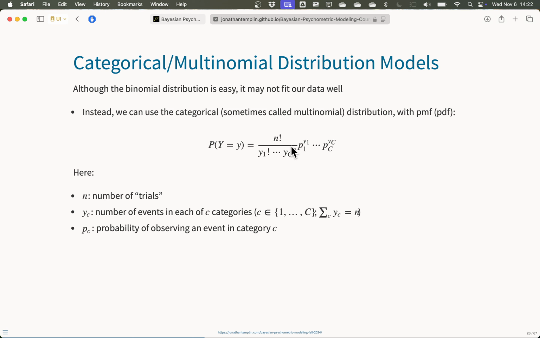Here, for a given trial, we have a probability of capital C different categorical outcomes happening. Each of those has a different probability, and the probabilities sum to 1. So this likelihood function has a product of the probabilities, but each is raised to the power of how many times that outcome was observed in n different trials.